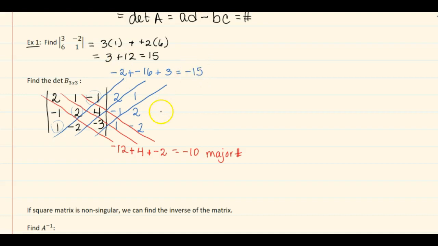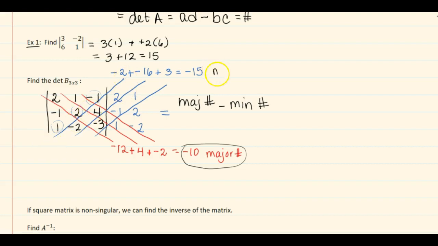So to find the determinant of our matrix, we're going to get the major numbers that we have right here. So I'm going to write it like this. Our major numbers, and we're going to subtract the minor numbers, if you want to call it that. Minors meaning that these are diagonals, but they're less than the major ones, right? The major ones are going from the top going down, the minor are going from the bottom going up.